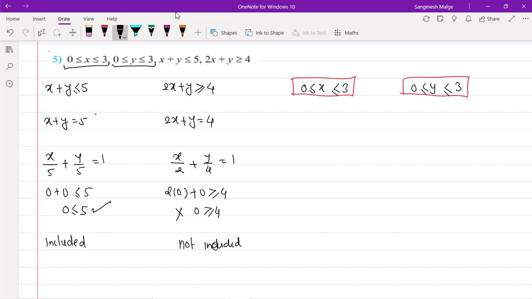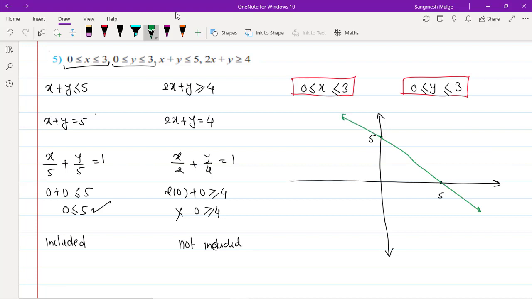Now let's draw the figure. So we have the x-axis and the y-axis. Have the first point 5, 5. Suppose this is 5 and this is 5. Let's join these 2 points.